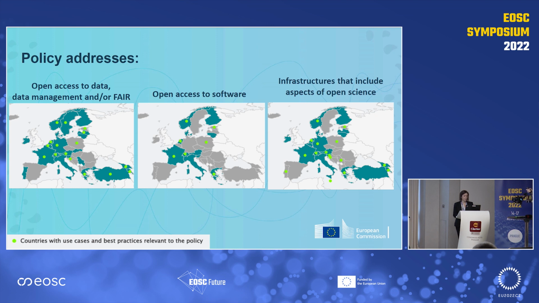So it's perhaps already evident from these maps, and just by doing the visual comparison here, that for example, open access to software is much less covered than the areas of open access to data, data management and FAIR.